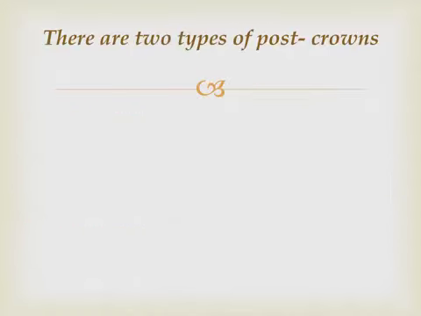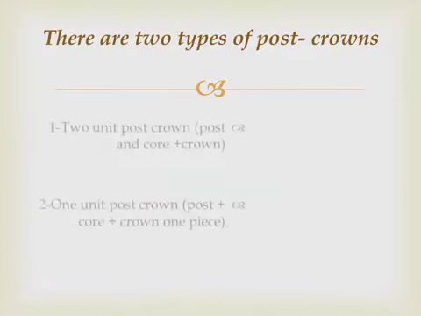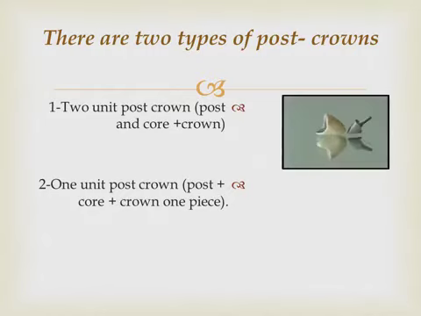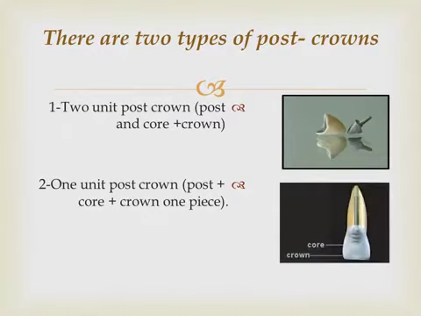Now we should know there are two types of Postcrown: 2-unit Postcrown and 1-unit Postcrown. In this picture we see 2-unit Postcrown, in which the post and core are in one unit and the crown in the other unit, while in this picture we see 1-unit Postcrown, in which the post, core, and crown are in one piece.